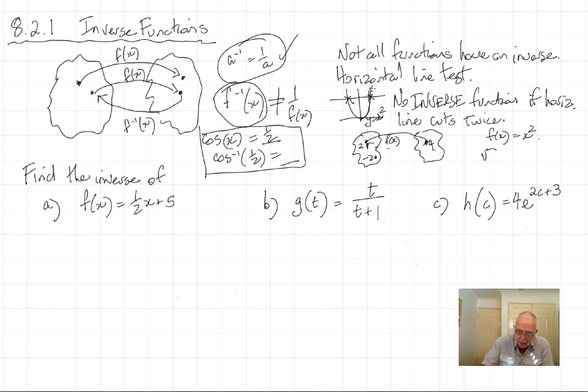We're only interested in that part of the graph. So we're looking at y equals x squared for x being positive. Well, that would have an inverse function because we would only get positive values of x when we do the square root of the answer. So as a general rule, though, over the whole domain, y equals x squared does not have an inverse.